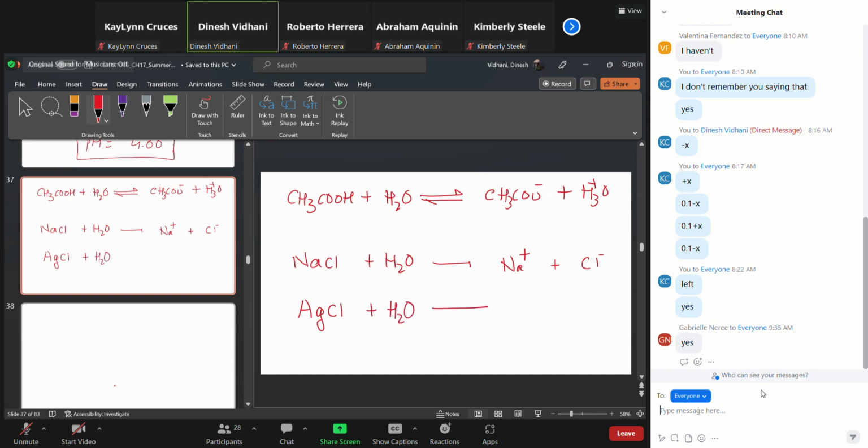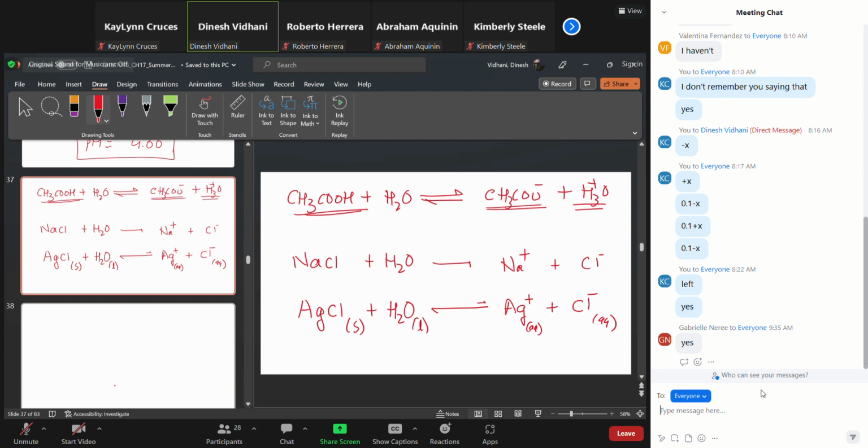You take silver chloride and put it in water. Only a tiny amount, so the equilibrium is something like this. Only a tiny amount will get converted into Ag plus and Cl minus. This is aqueous, this is solid, and water is liquid. Just like you had a weak acid, only a tiny amount gets converted into the ions.